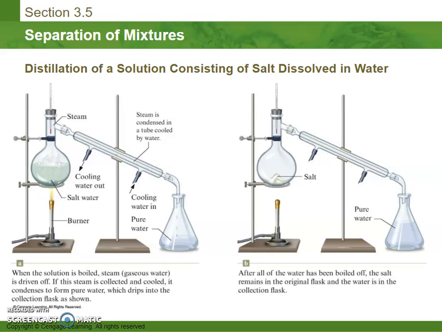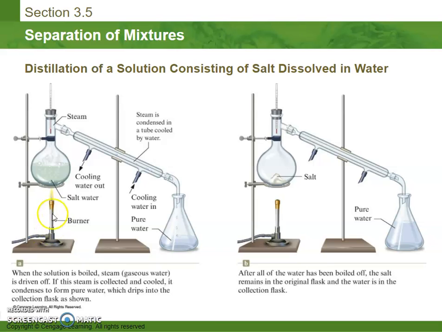So here we have distillation of a solution consisting of salt and dissolved water. Here we have a Bunsen burner. We have a flask here that contains the salt water.